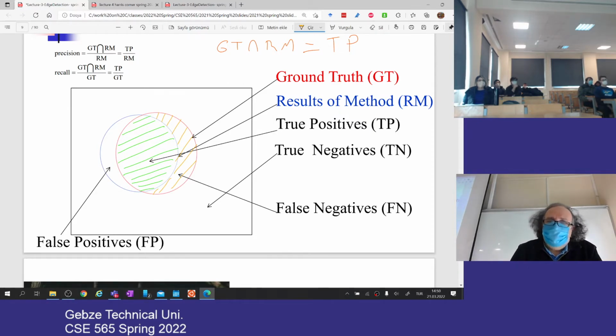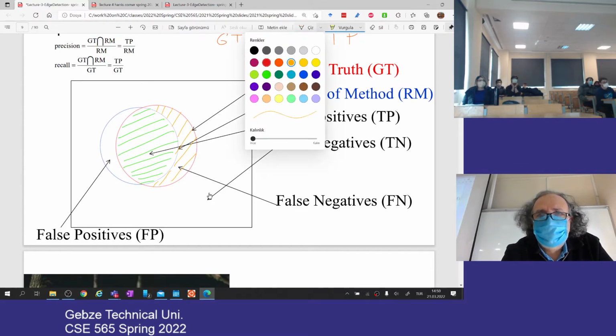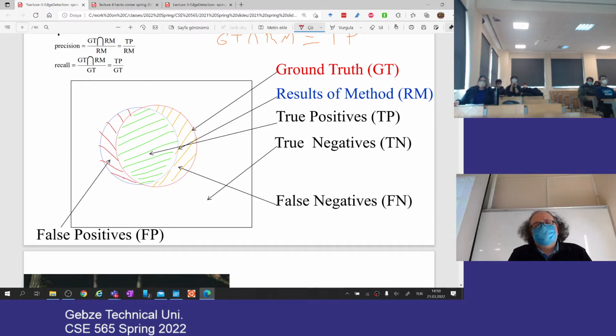We don't like false negatives much, so we don't like these orange colored places much. And then there is this other area, kind of reddish. My method says that there is an edge there, but in fact there is no edge, so it is a false positive.